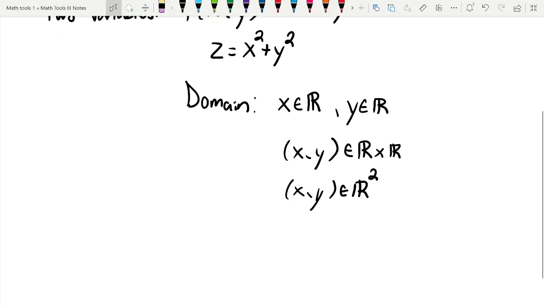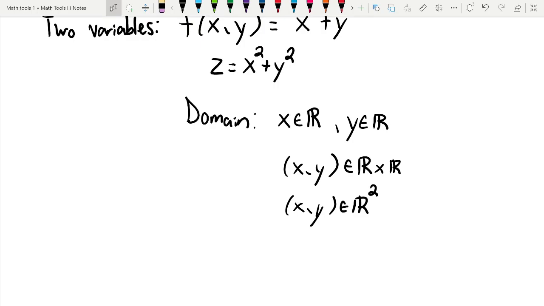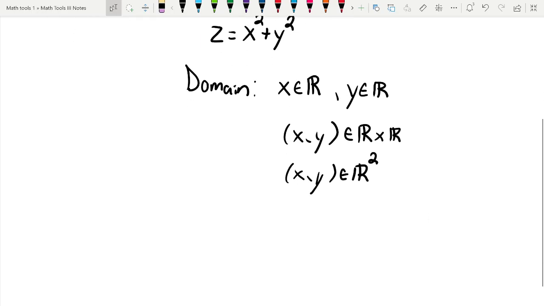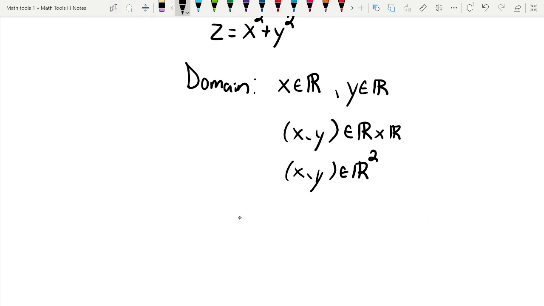That's just referring to how many coordinates you have, basically. So our range for this system, you could see on the graph, that just like with the regular parabola, it starts at 0 and then goes to infinity.